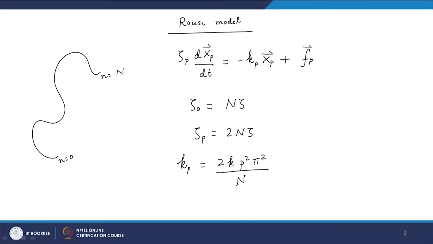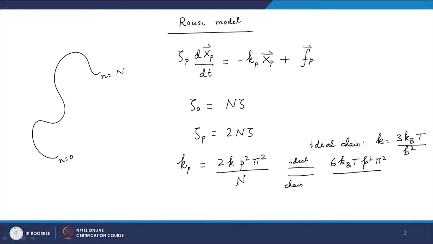Now, you can recall that for an ideal chain, the k value was derived to be 3 kBT by b square, and therefore, for an ideal chain we can write Kp as 6 kBT p square by N, and then we have also derived an expression for zeta p, and I am not going into details here.